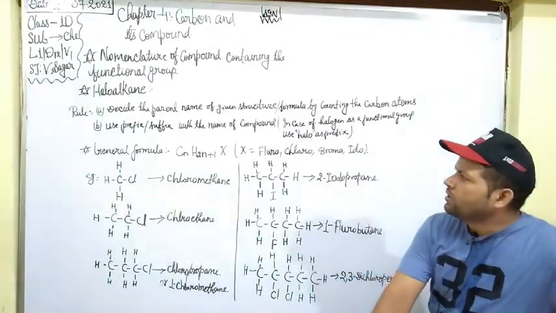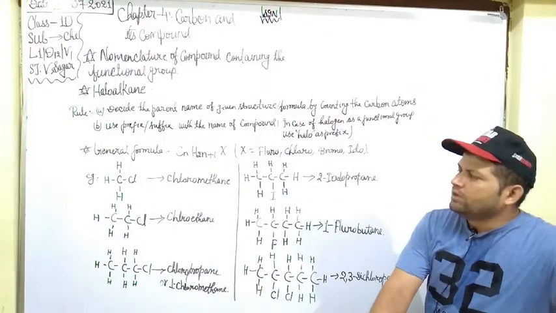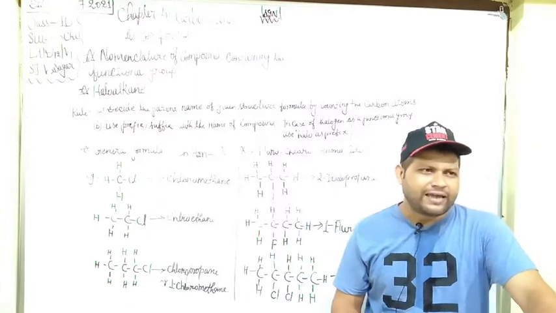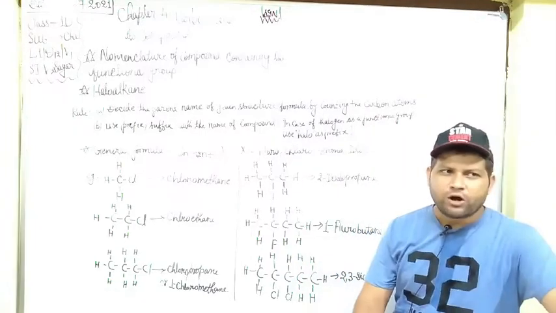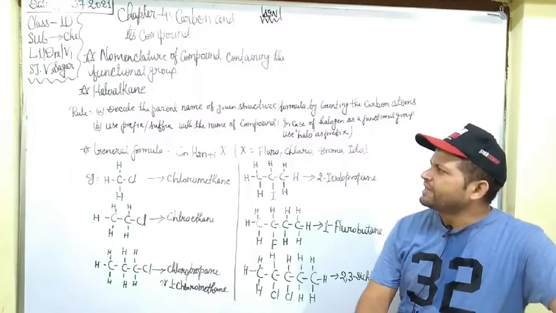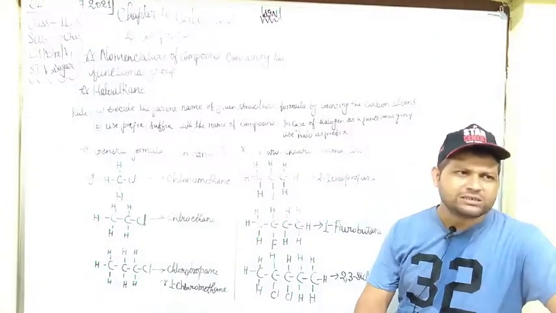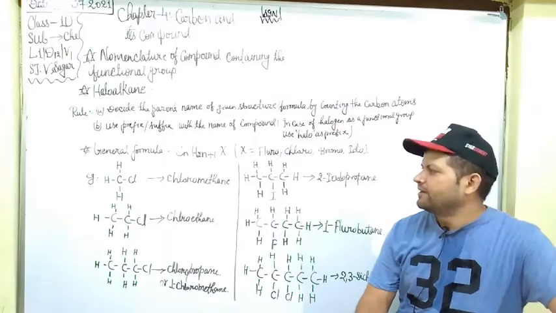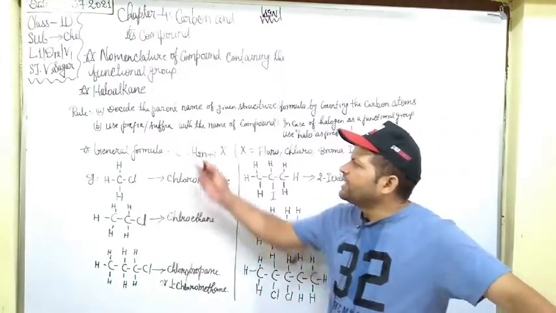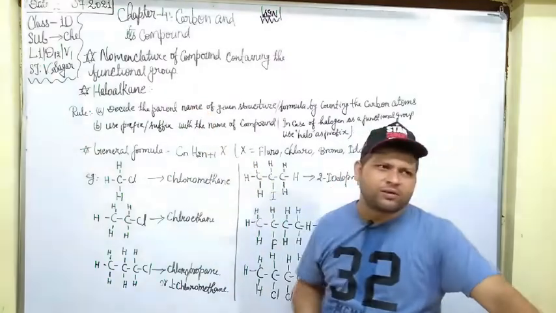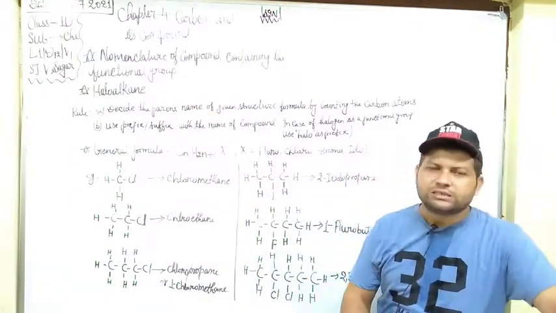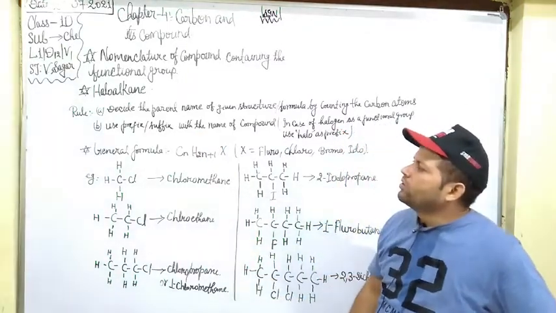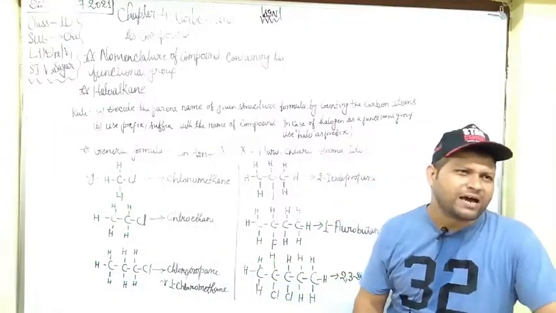Now let us start to write the names of organic compounds that contain halogens as a functional group in the chain. These types of compounds are termed haloalkanes. What is their general formula?